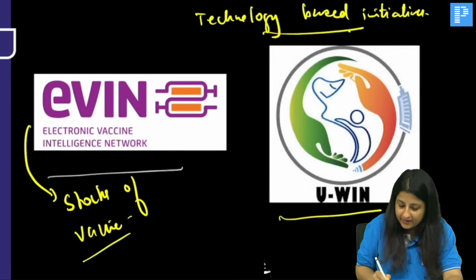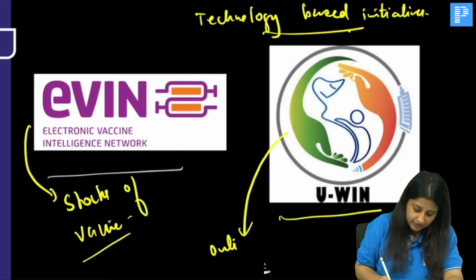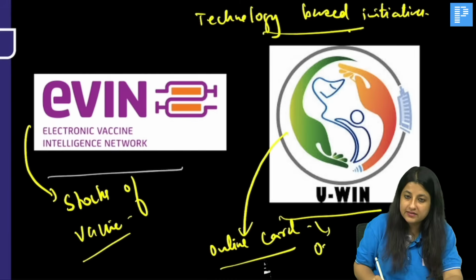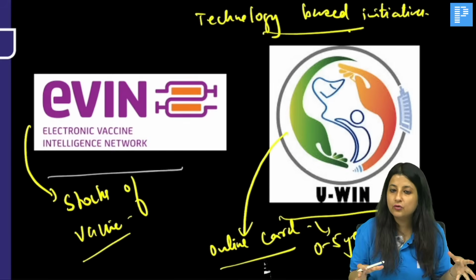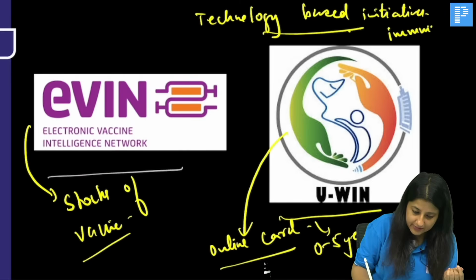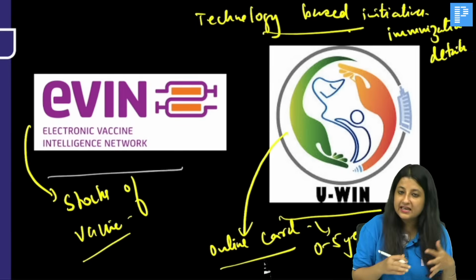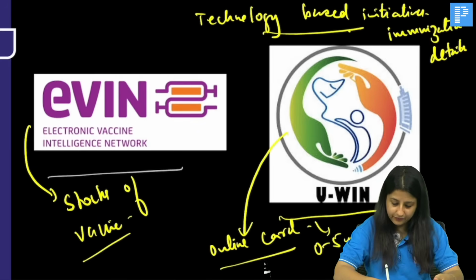What is U-WIN? So U-WIN is like an online immunization card, and this is particularly for 0 to 5-year-old children. Whenever a baby is born, gets a U-WIN number, all his immunization details are entered on this U-WIN app. ठीक है, eVIN is for the stock, U-WIN is for your online card.